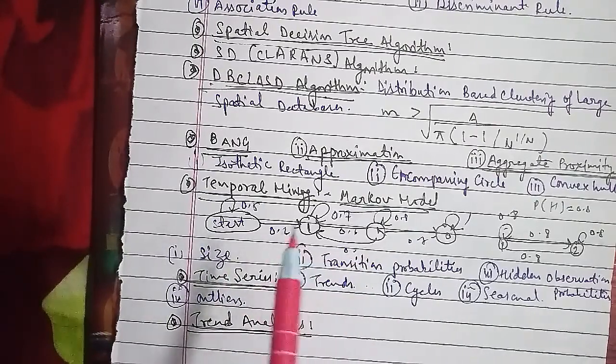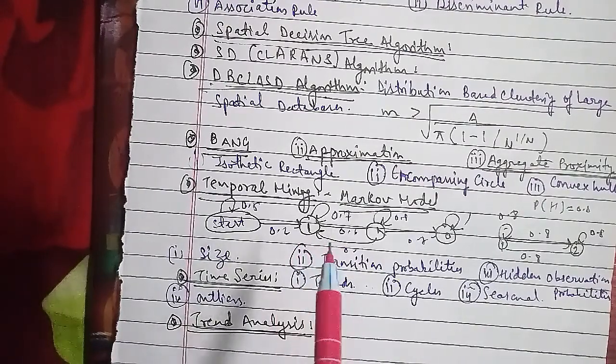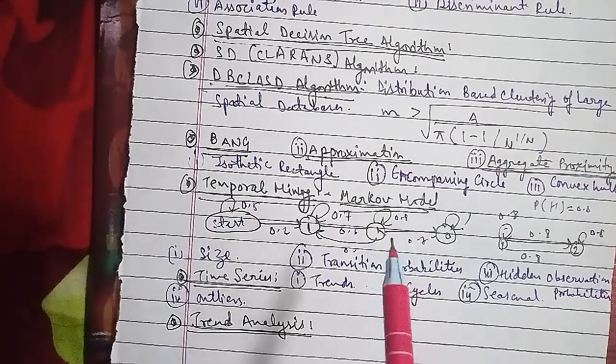The autocorrelation coefficient, which is r of k, measures the correlation between the time series values a certain distance, that is lag k, apart, and several different approaches have been used for autocorrelation.